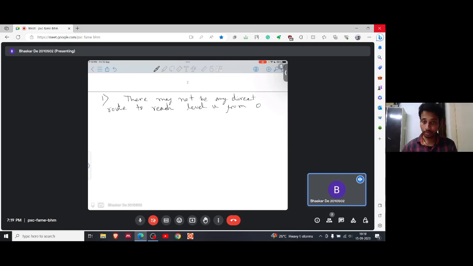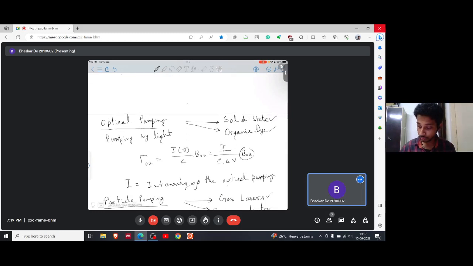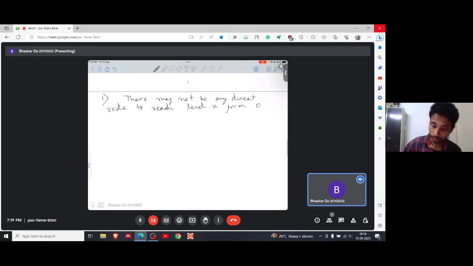So that means that from optical pumping you cannot execute this kind of pumping, because then this coefficient B0u will be very small, and on the other hand the cross section σ0u is very small.